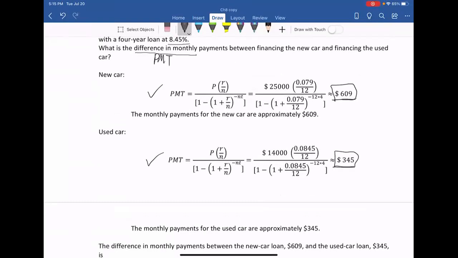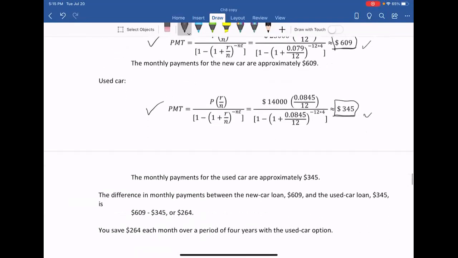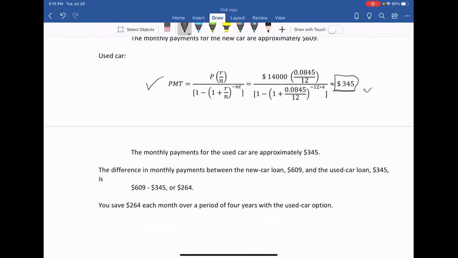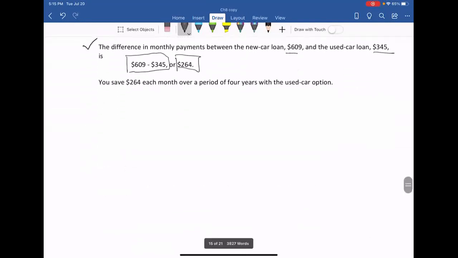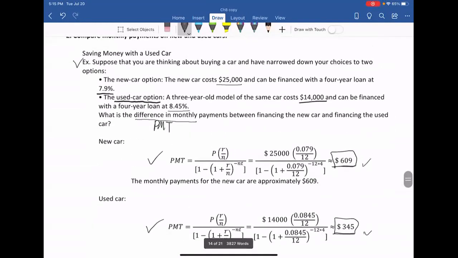So they just want to show you how much you need to pay for these 2 options. The difference in monthly payment between the new car loan and the used car loan is 609 subtract 345. We got $264. That's the answer of the question.